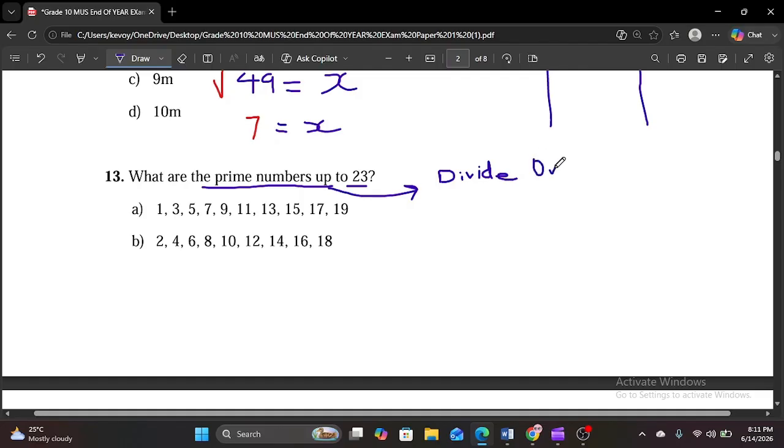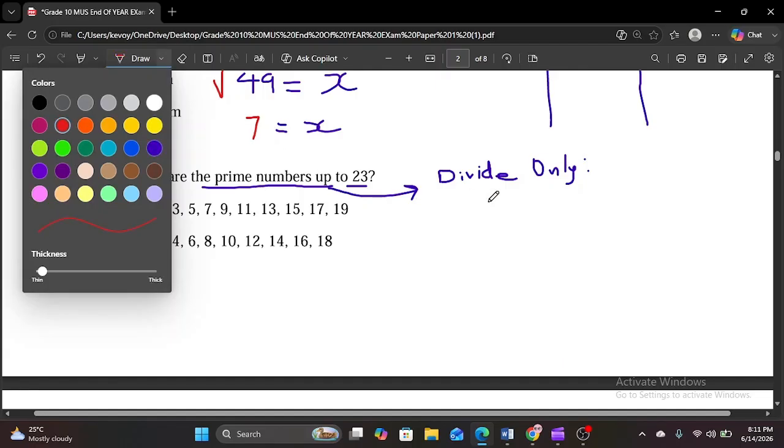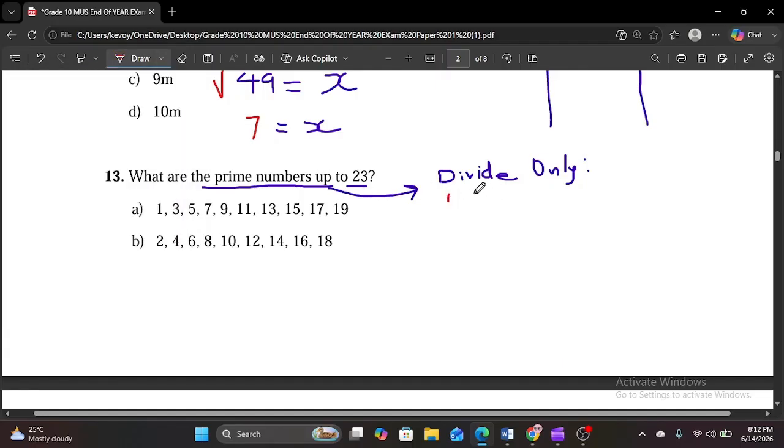Prime numbers can only be divided by 1, that's the digit 1, and the number itself.